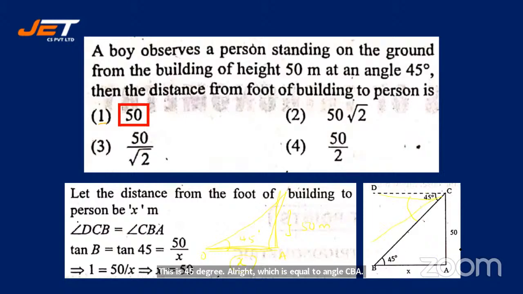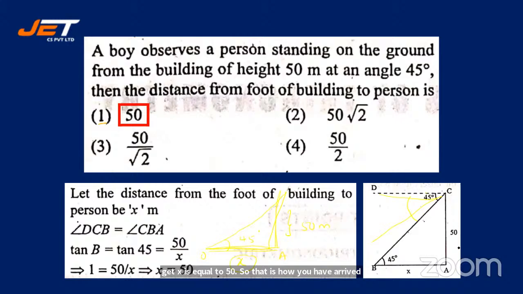So what is tan B? Here you can use the tan formula: tan 45 is 50 by X. Tan 45 is 1, so 50 by X is 1. Cross multiply, and you get X equal to 50. That is how you arrive at 50.